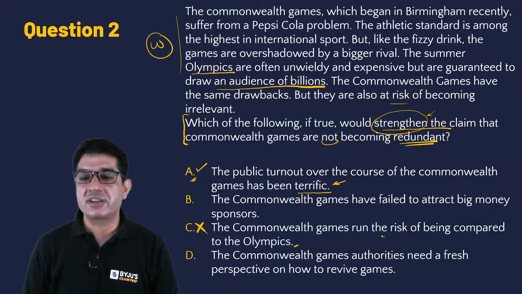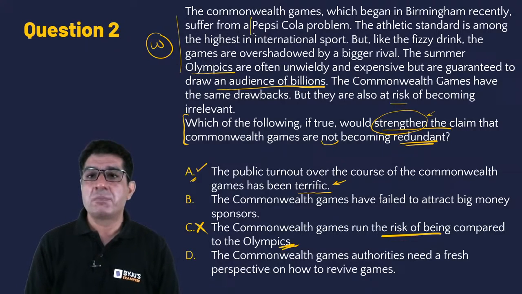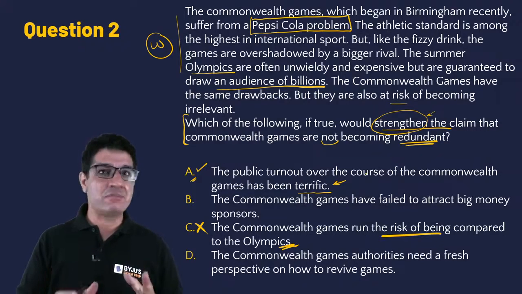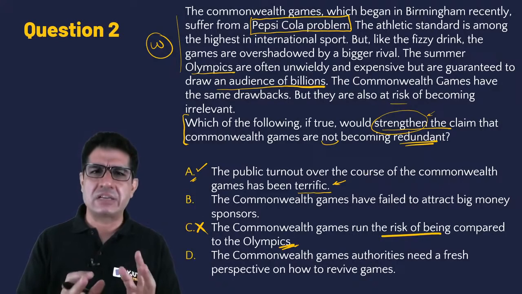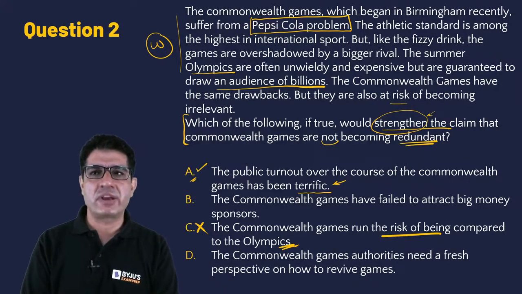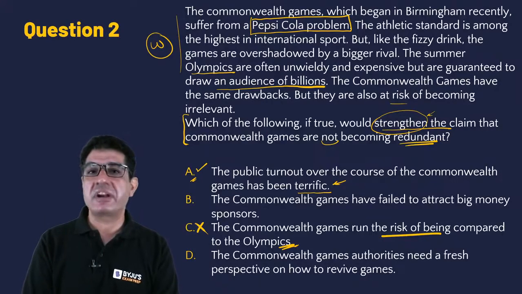Because if it runs the risk of being compared to the Olympics, and the Olympics being grand, remember it is written, this is the Pepsi Cola problem. Pepsi is great, but then Coke is number one. Let me give you another example. There was a time when Roger Federer was at his peak. A lot of other brilliant tennis players could not get all those Grand Slams because of Roger Federer.